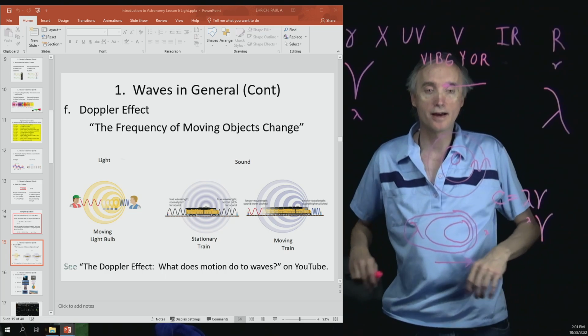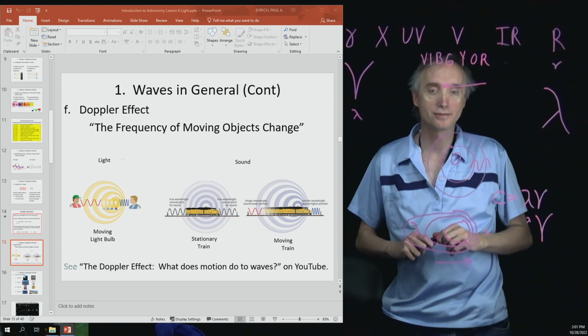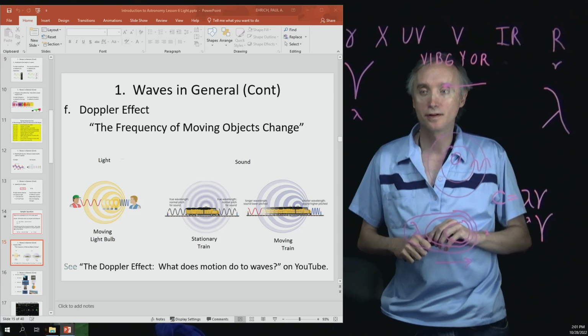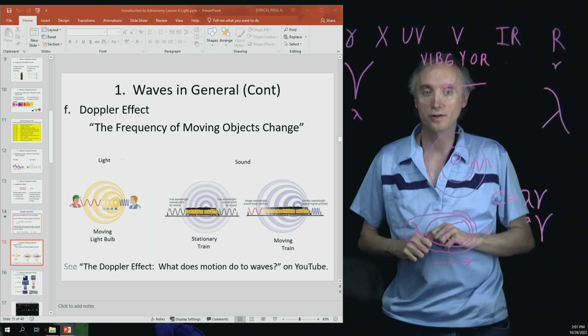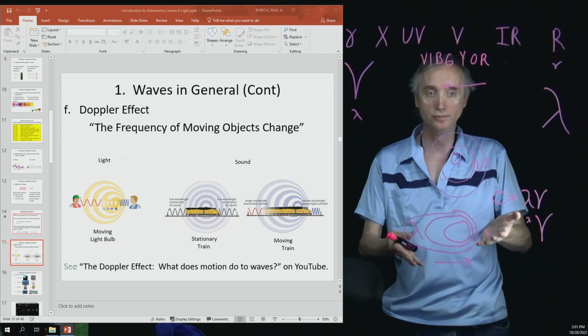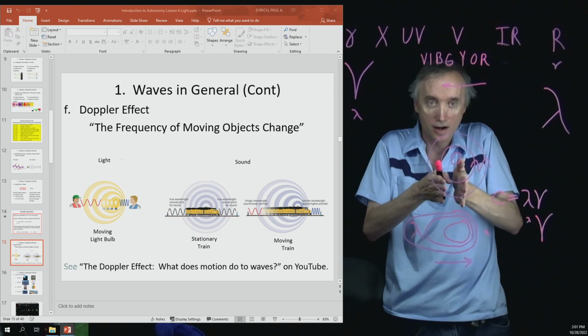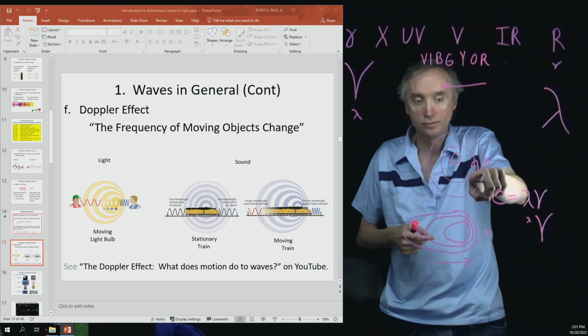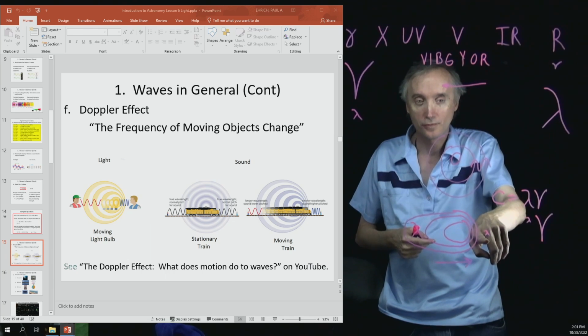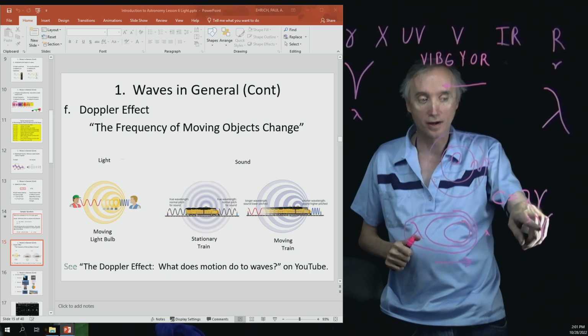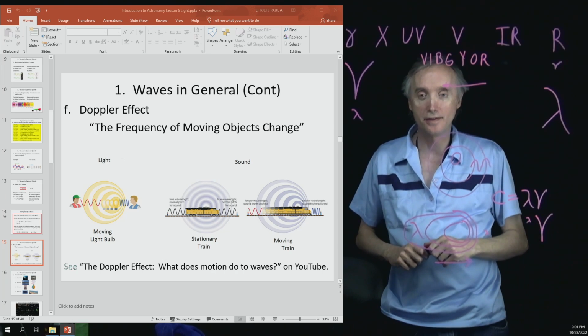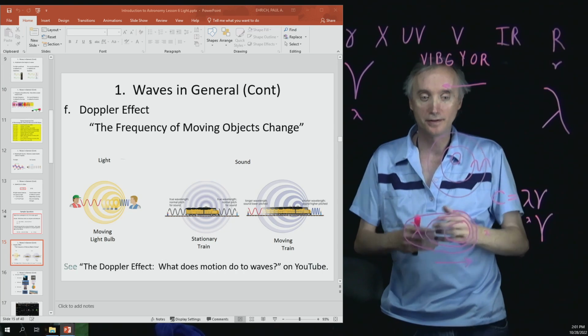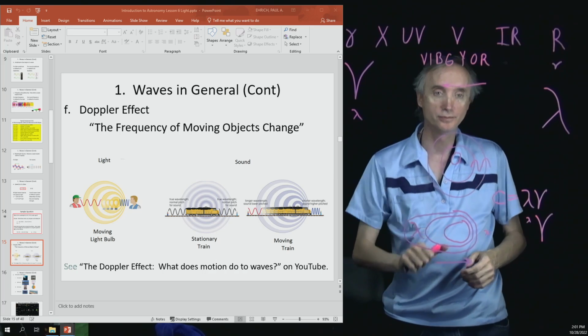He was dressed as the Doppler Effect. So if he was walking towards you, the lines were close together, representing a short wavelength or higher frequency. And as he walks away from you, the lines are getting further apart.